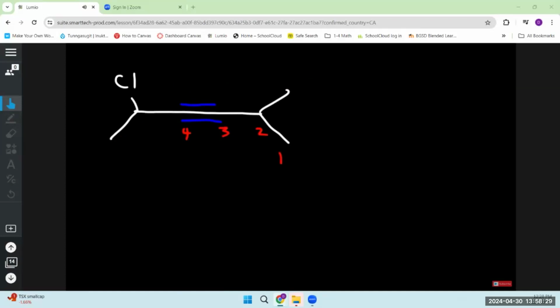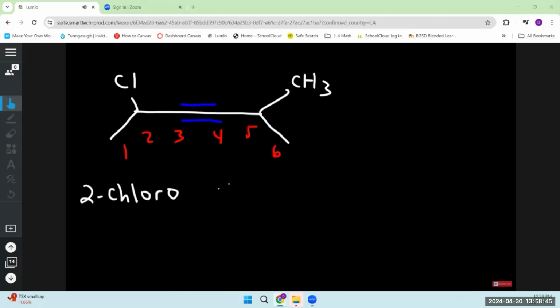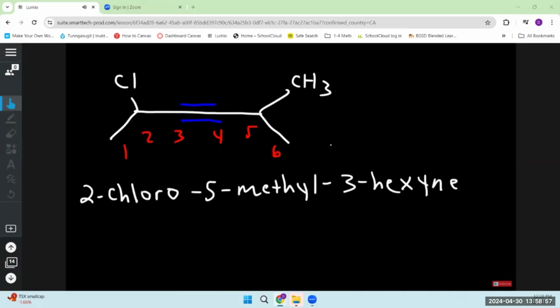And if we go from left to right, the triple bond will still be on carbon 3. So which way should we go? Going from left to right, we're going to have the name 2-chloro. And then we have a methyl group on carbon 5. So it's going to be 5-methyl. And we have the alkyne on carbon 3. So that's going to be 3-hexyne because we have 6 carbons in the parent chain.